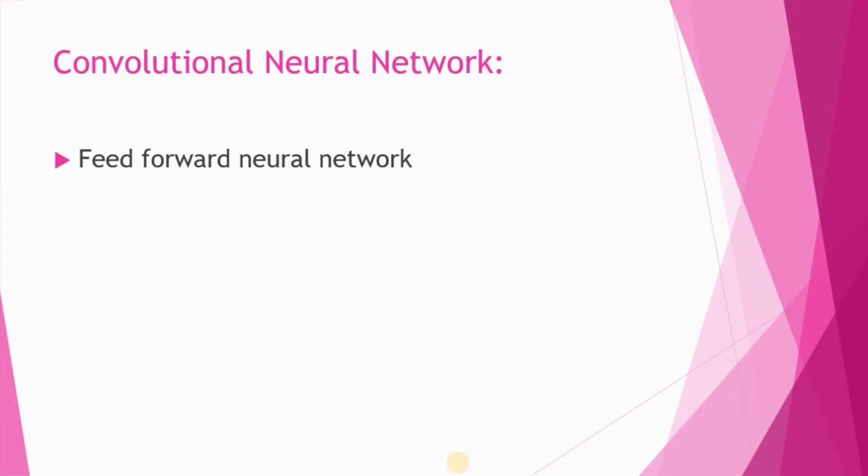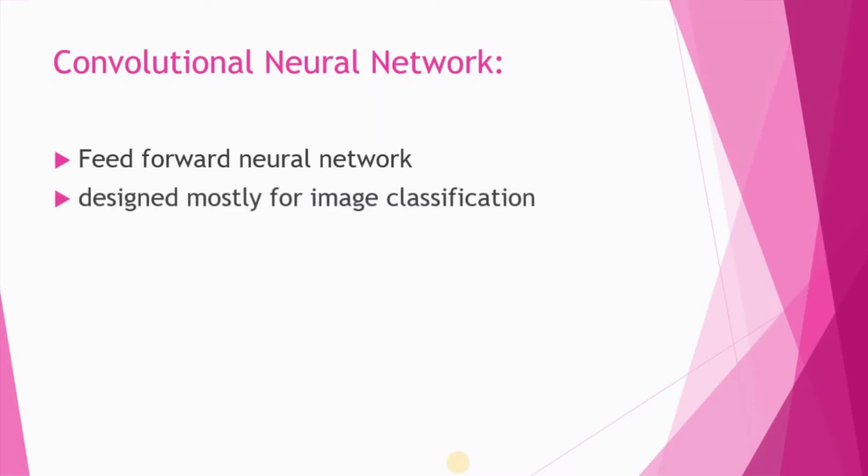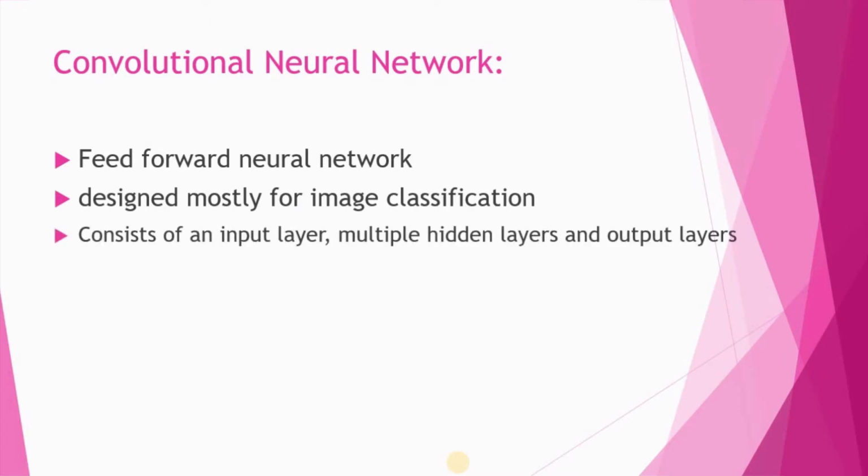That is, the connection between each neuron goes only forward, not backward. And it is designed mostly for image classification, like this image is male, this image is female, like this. And it consists of an input layer, multiple hidden layers and output layers. And we have already discussed the input, hidden and output layer.